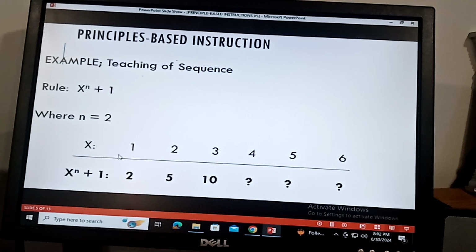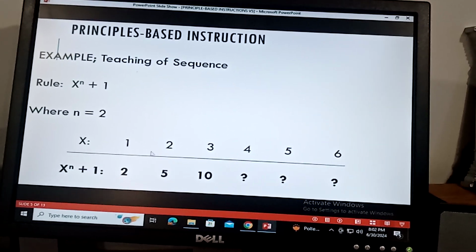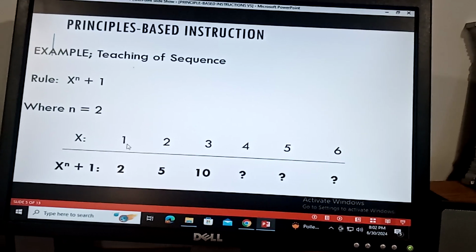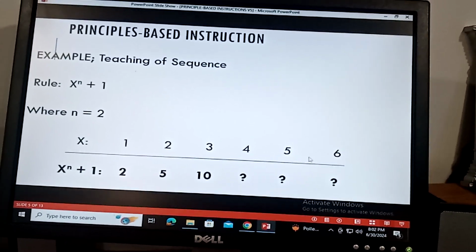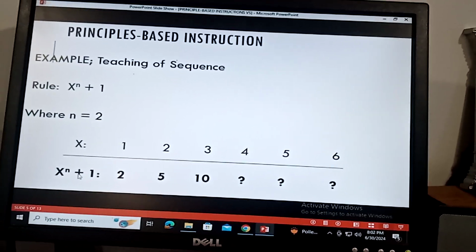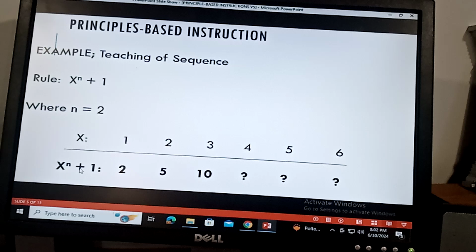Now, I have a table here that is incomplete. We have x variables starting from 1, 2, 3, 4, 5, 6. And then at the bottom here is the rule, x raised to the power n plus 1.